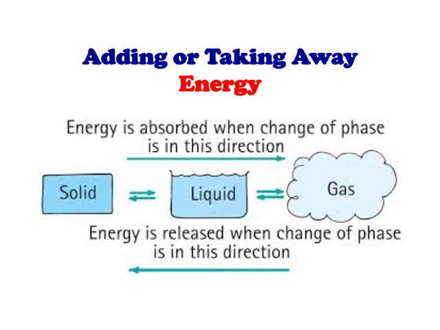When I talk about adding energy or heat, energy is being absorbed when change of phase is going in this direction from solid to a gas. Energy is being released when the change of phase is going in this direction from a gas to a solid.